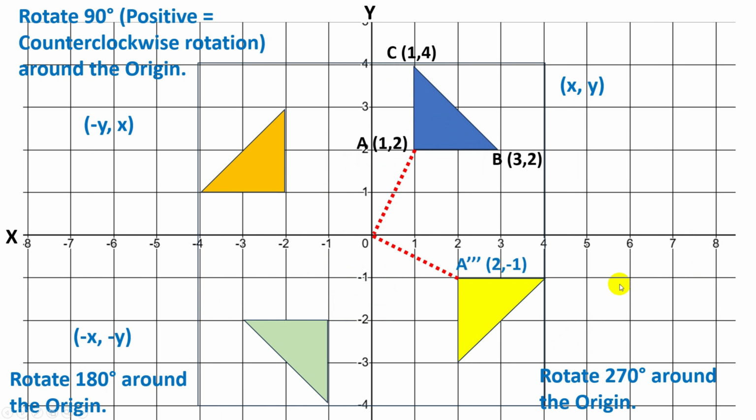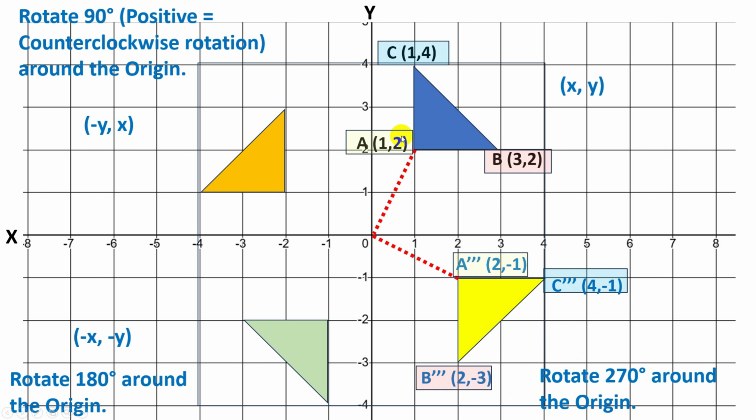Now we calculate the coordinates of this yellow triangle. The A triple prime would be (2, -1). The B triple prime is (2, -3). And the C triple prime is (4, -1).